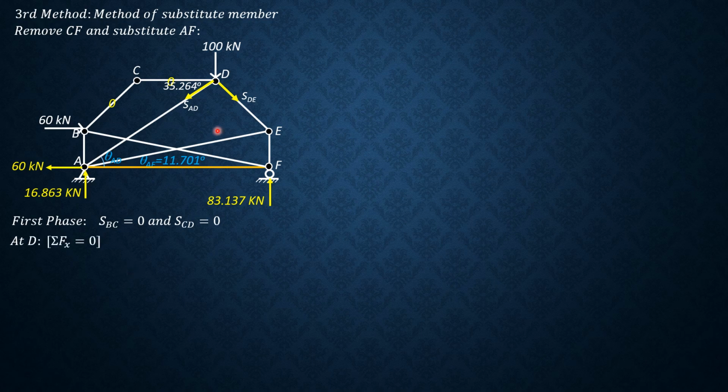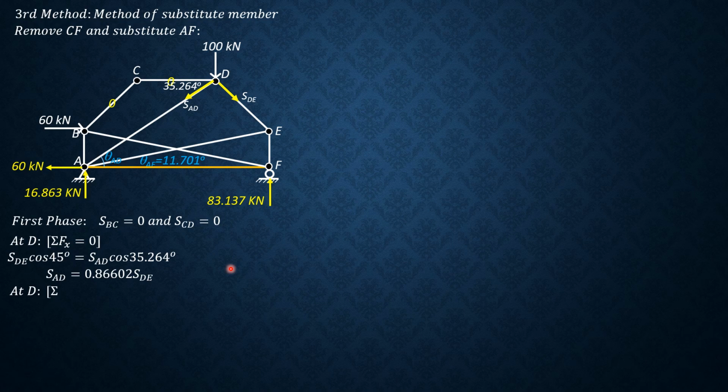At D, summation forces X first to relate SAD in terms of SDE. So SDE cosine of 45 equals SAD cosine of 35.264. So therefore, SAD is equal to negative 0.8602 of SDE.